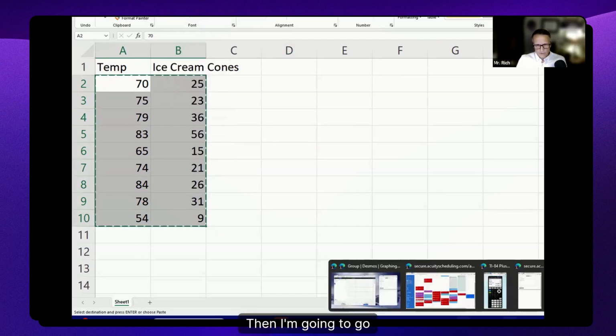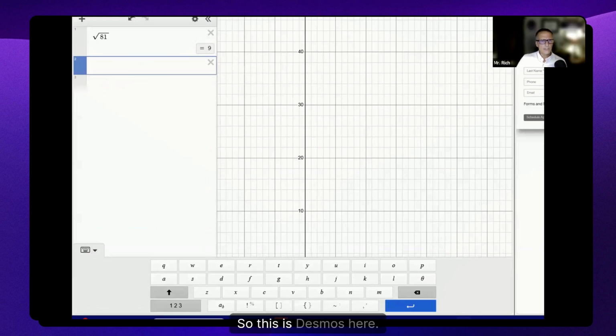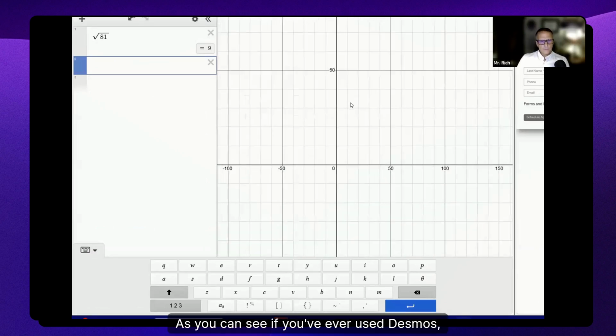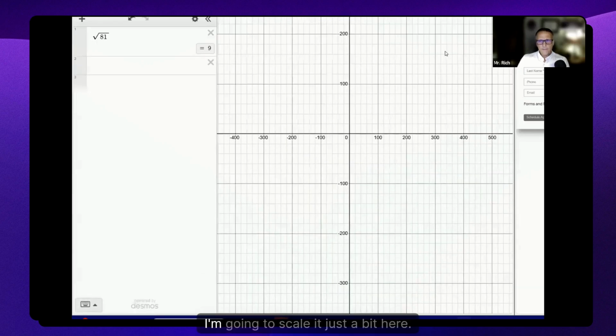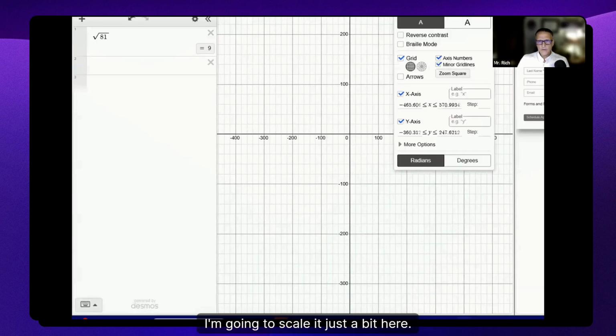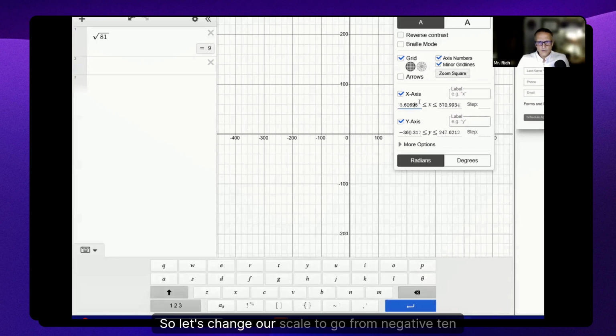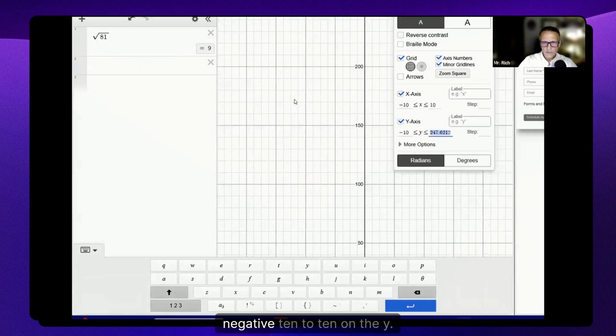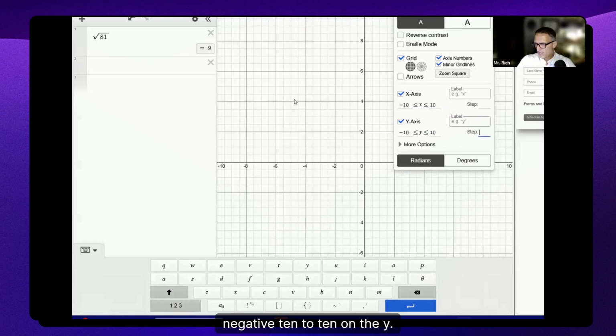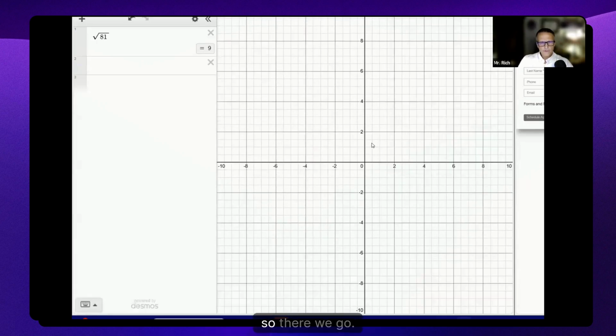Then I'm going to go over to Desmos. So this is Desmos. If you've ever used Desmos, this is what it looks like. You'll recognize it. I'm going to scale it just a bit here. So let's change our scale to go from -10 to 10 on the X, -10 to 10 on the Y. Okay, all right, there we go.